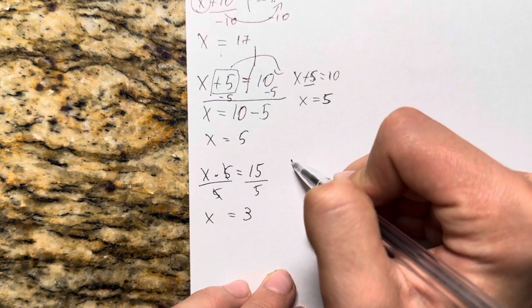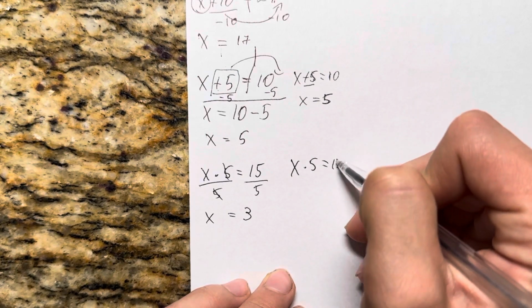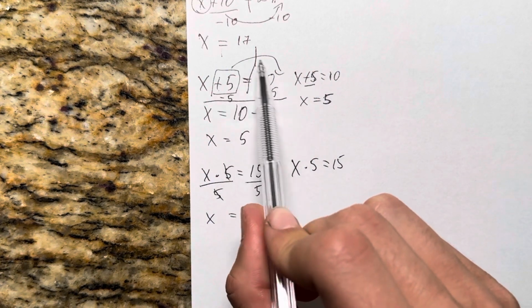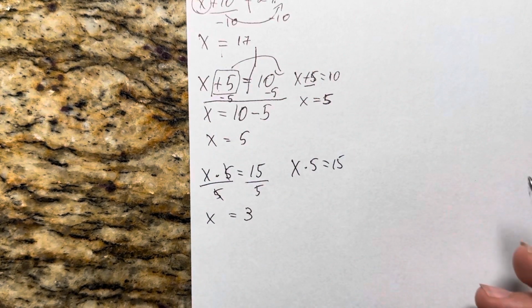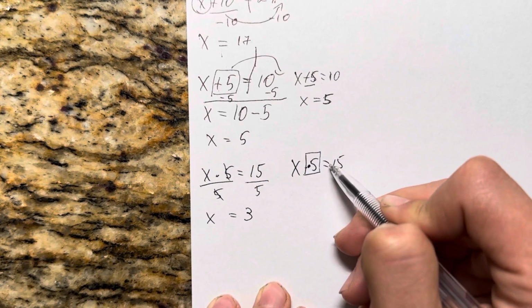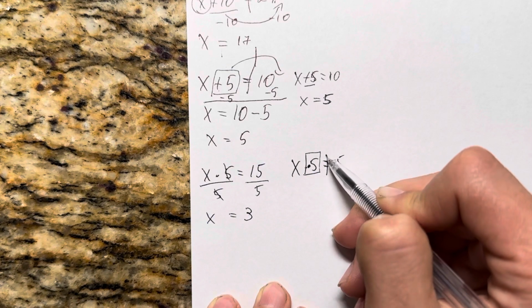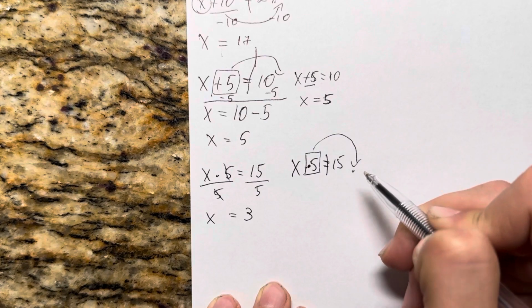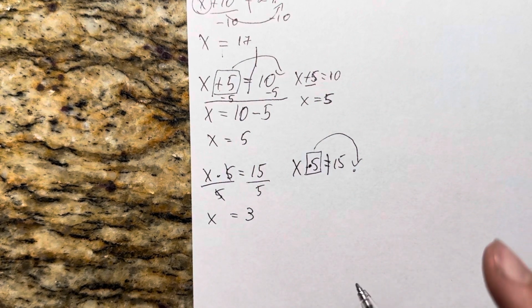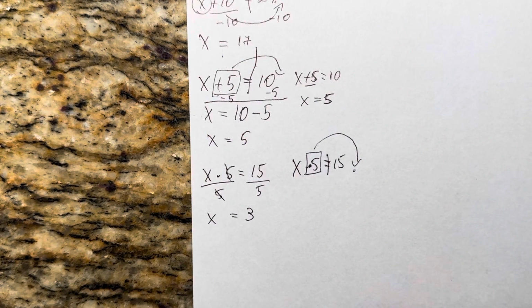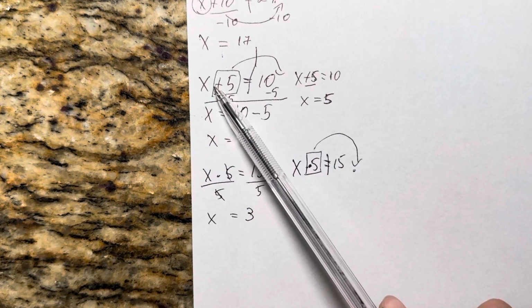Or the other way, as in this moving, flipping way, you have to move the times 5 to the other side of the equal sign with an opposite sign. So the opposite sign of plus is minus, the opposite sign of minus is plus.